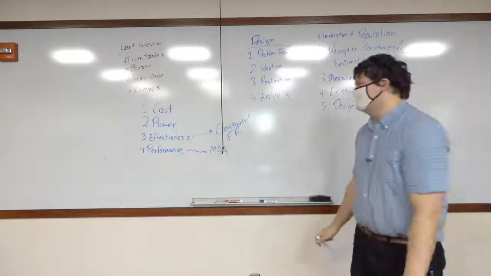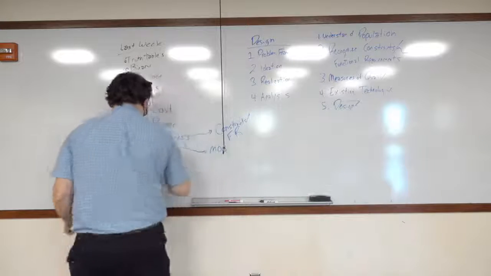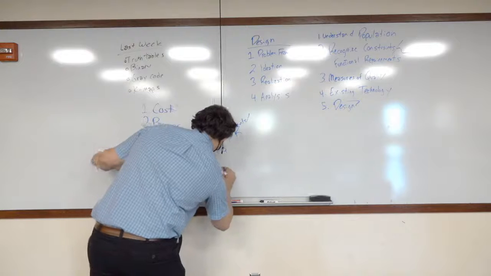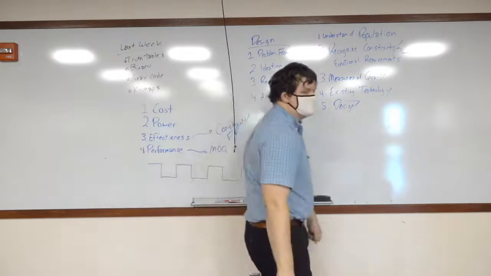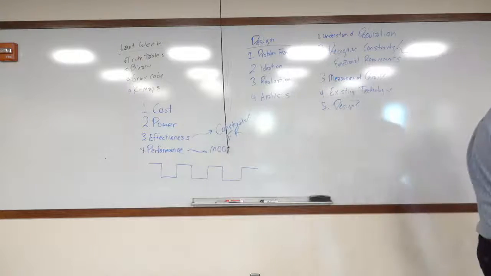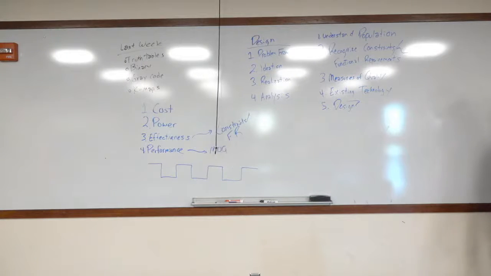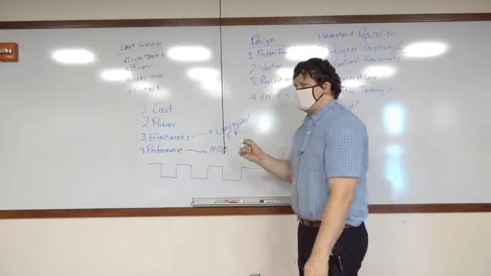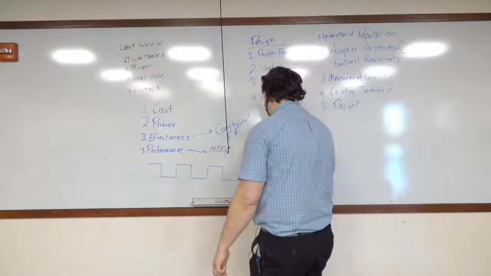A clock signal, for those of you who may not know, just goes on and off periodically. That's all it does. It's on, off, on, off, on, off. On your high end, I believe there are commercially available 2.4 gigahertz systems.